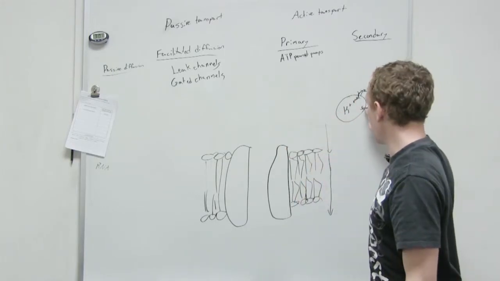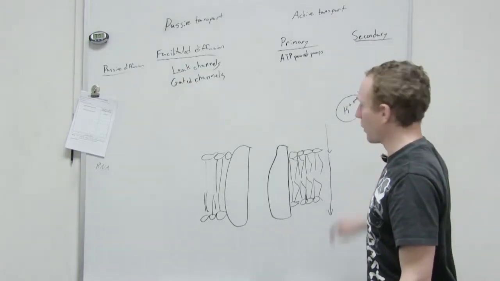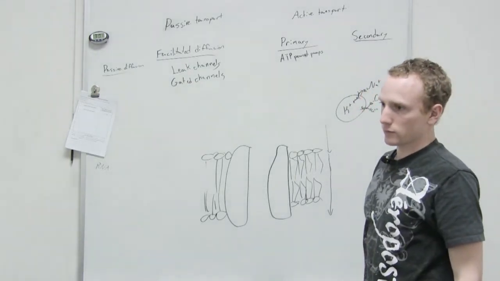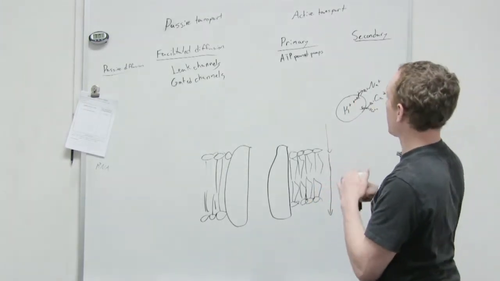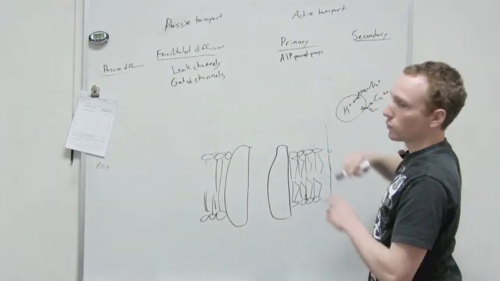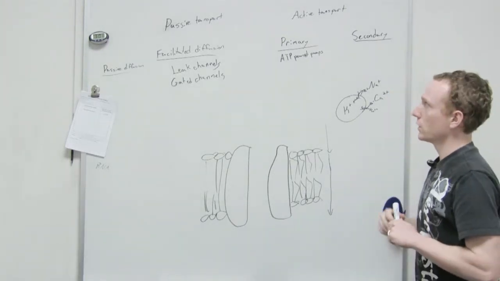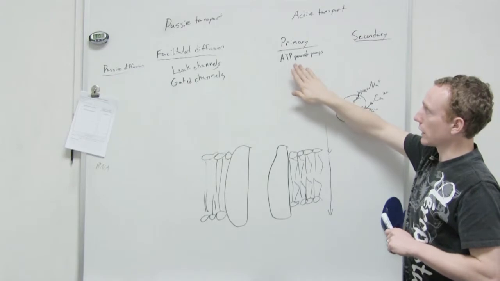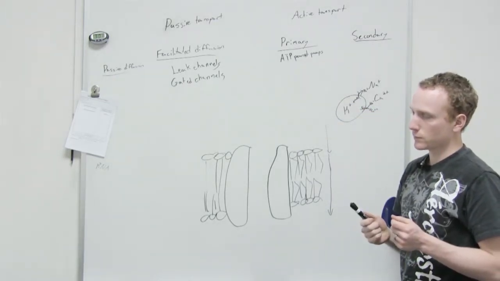It's using energy from the sodium flowing down its concentration gradient to pump the calcium out. Okay? So secondary transporters don't directly use ATP. So real quick, ATP powered pumps. That was one of your questions. Did I answer that? Okay.